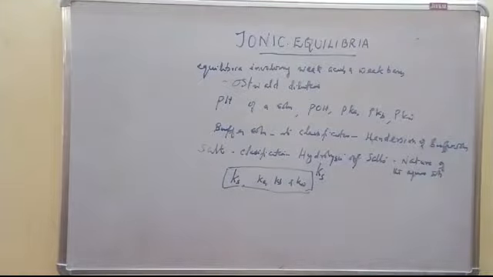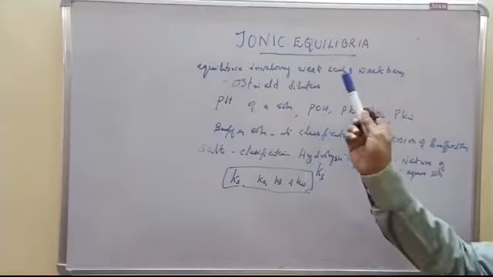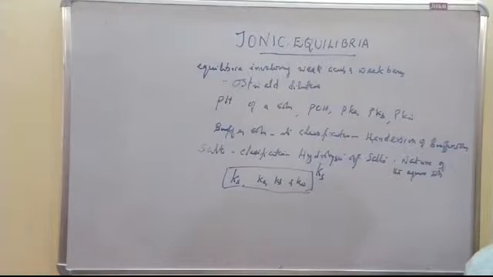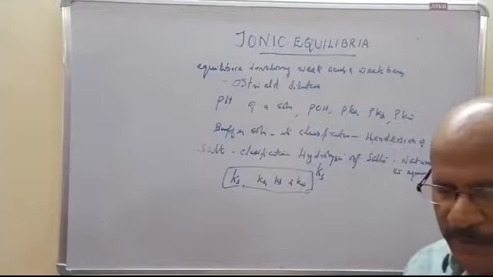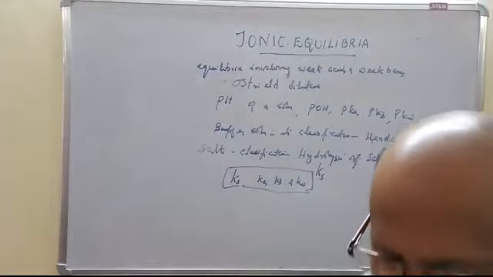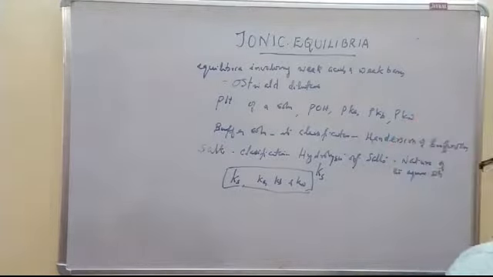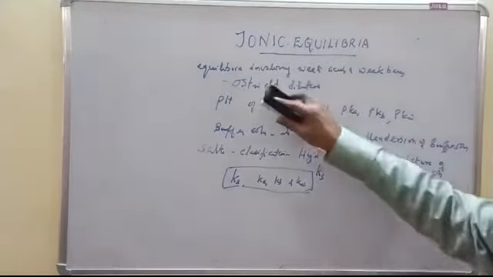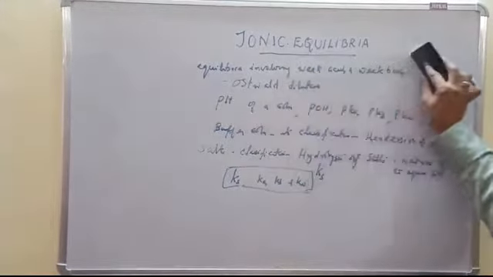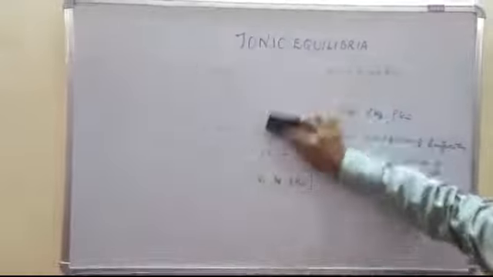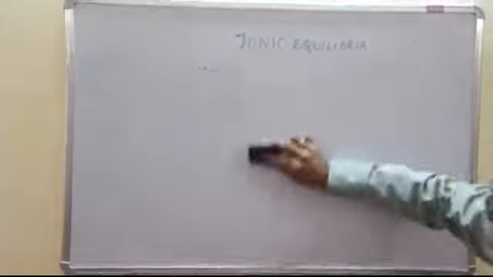Before going into details of this chapter, I wish to give you some elementary idea of acids, bases and salts. So after discussion of the preliminary theories of acids and bases, we can pass on to Ionic Equilibria. So, the theories of acids and bases.